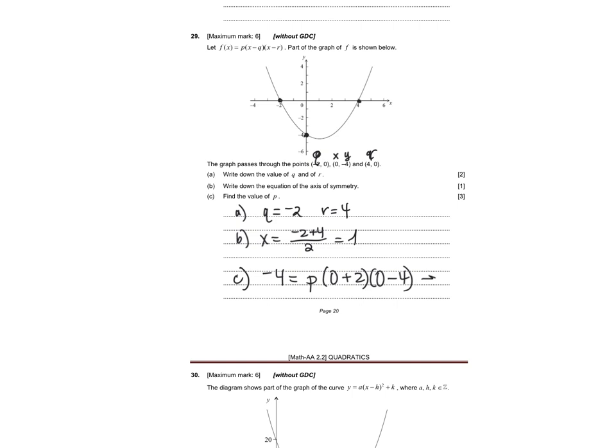So this is going to become -4 equals -8P. And when we divide by -8, we get 1/2.